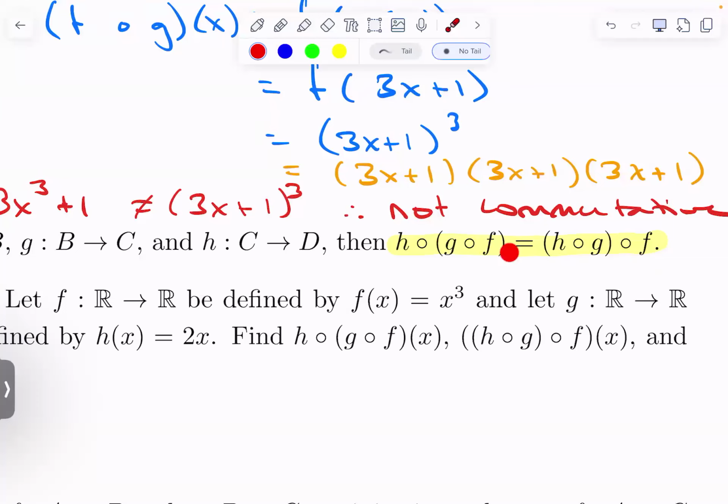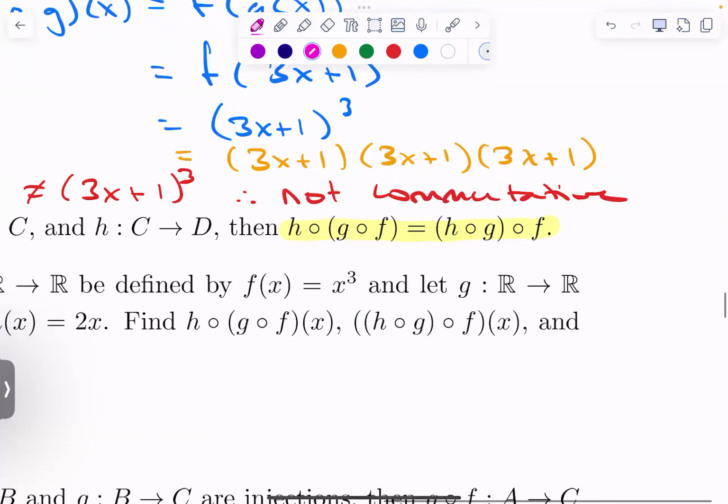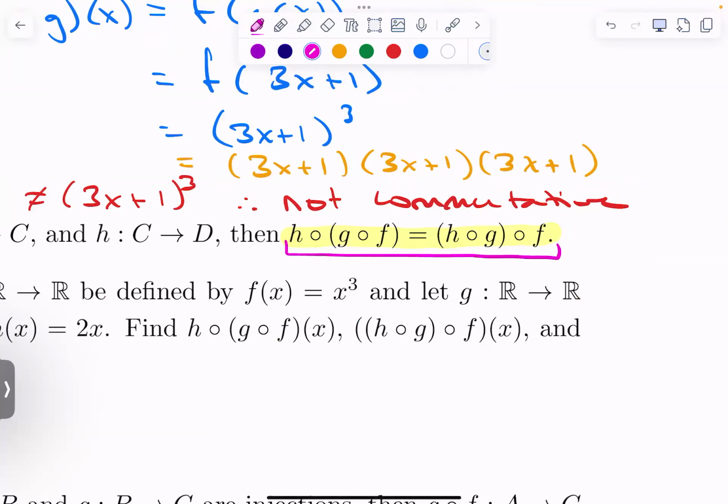And so here, the brackets, the order doesn't matter. Brackets don't matter.